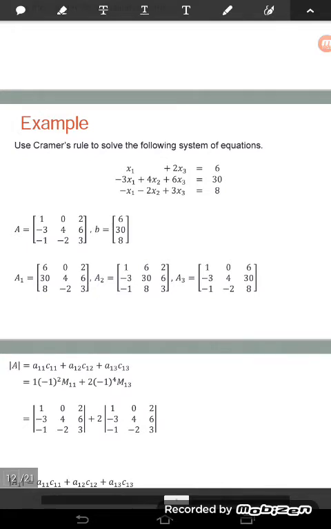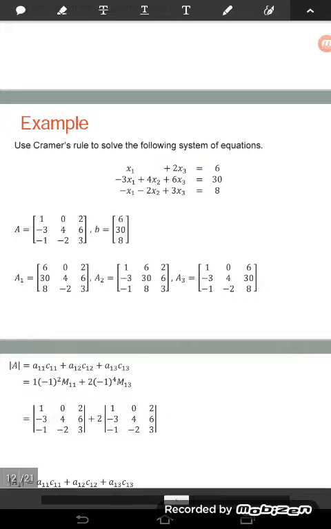Okay, use Cramer's rule to solve the following system of equations. We convert it into matrix form. We have matrix A, the coefficient matrix: 1, 0, 2; -3, 4, 6; -1, -2, 3, and matrix B is 6, 30, 8. For matrix A1, we replace matrix B into the first column.